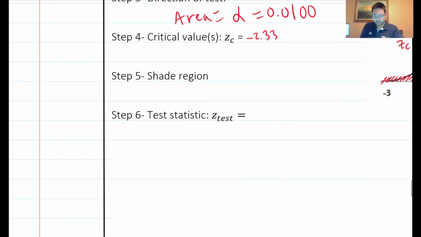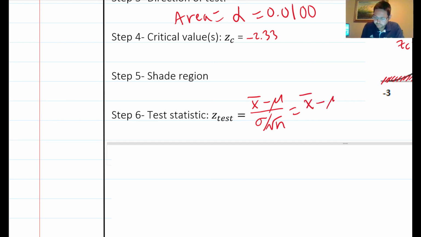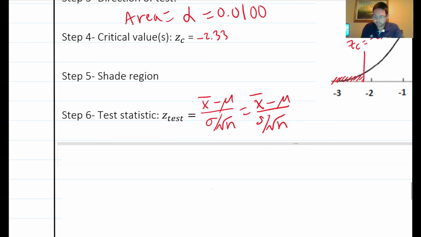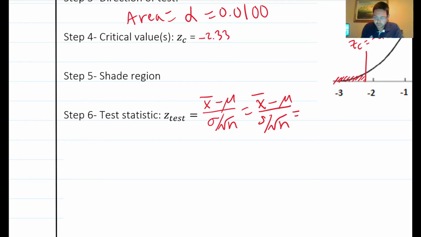Now we got to calculate the z-test. So that's going to be x bar minus mu divided by sigma over square root of n. Now we don't have sigma, but we do have s. And remember that when n is greater than 30, we can substitute s for sigma. So therefore we can actually use s instead of sigma here, and that's perfectly fine for this test. So we got to do x bar. What's x bar?